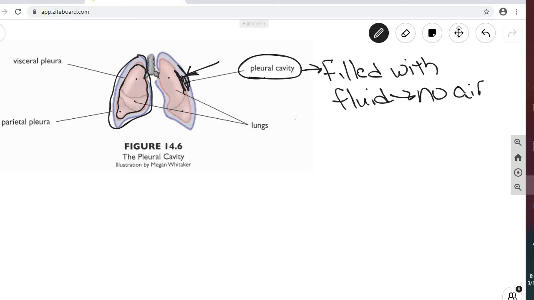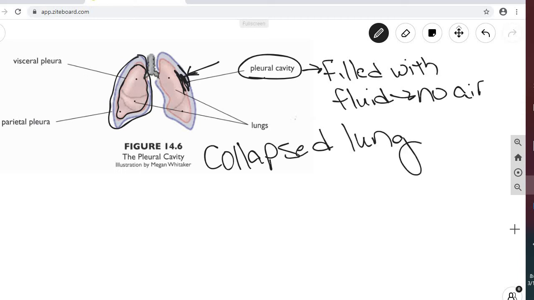So if you break this seal, you'll get a collapsed lung, and that is referred to as a pneumothorax.